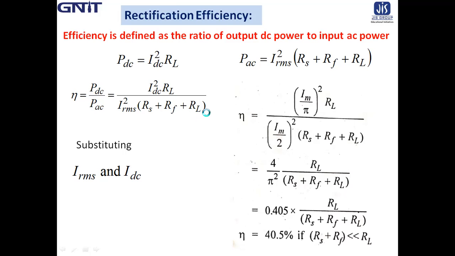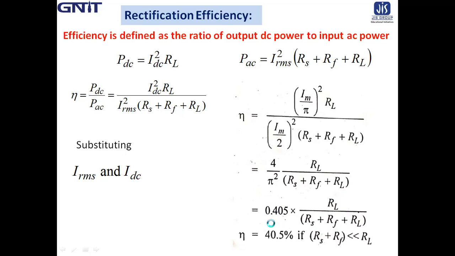Now substituting the already calculated values, IDC equals Im by pi and IRMS equals Im by 2, that is (Im by pi) whole square and (Im by 2) whole square, we get efficiency equal to 4 by pi square times RL by (RS plus RF plus RL). That is 0.405 RL by (RS plus RF plus RL).